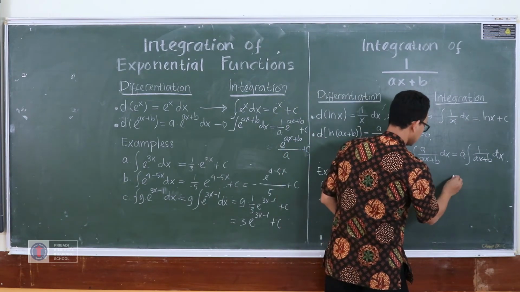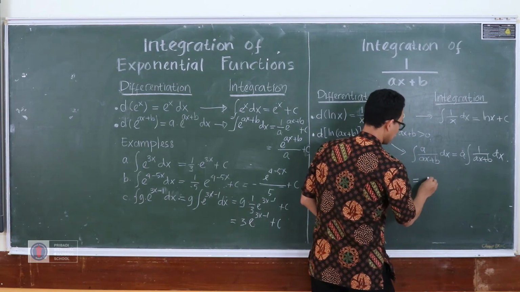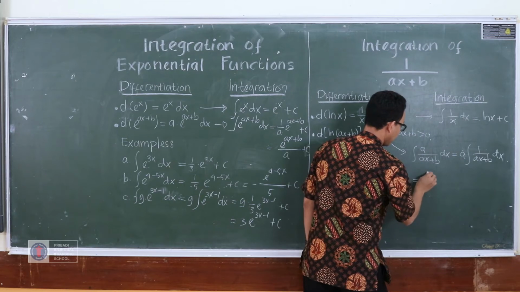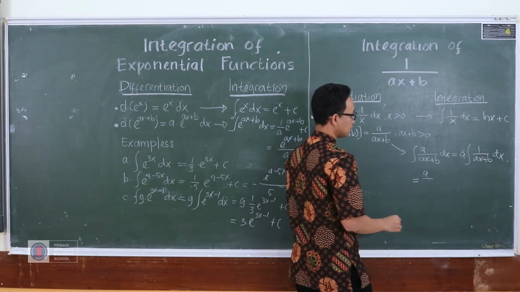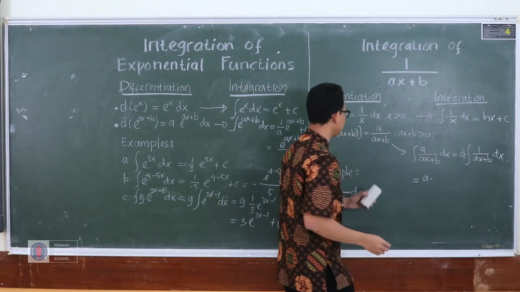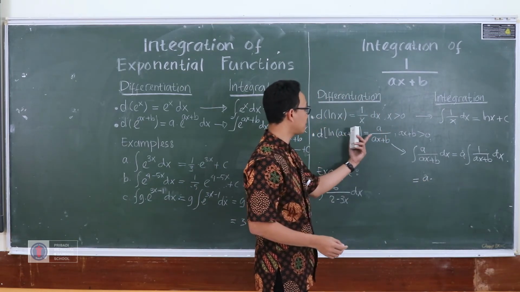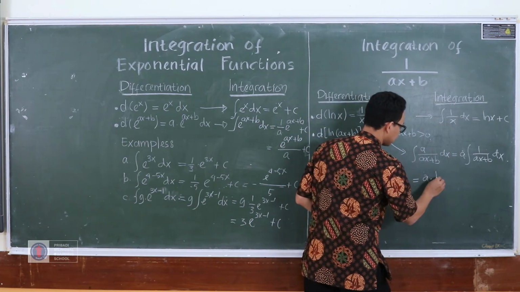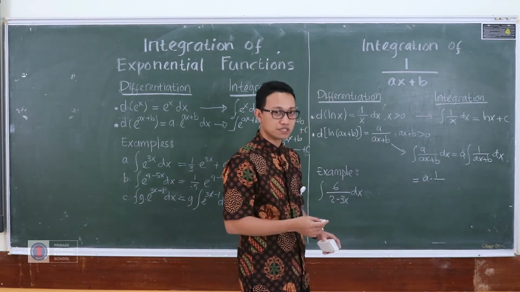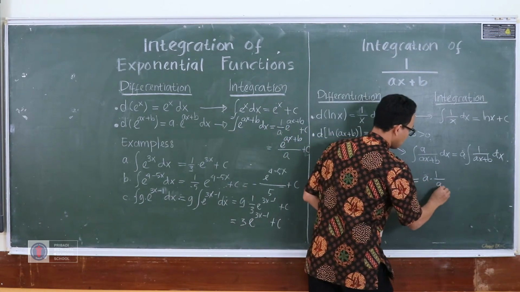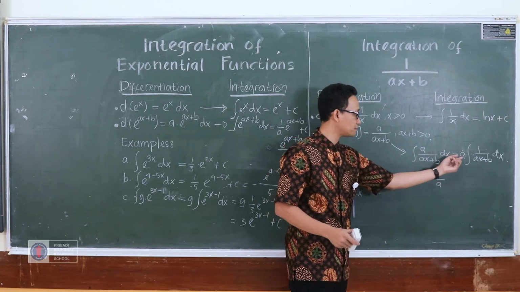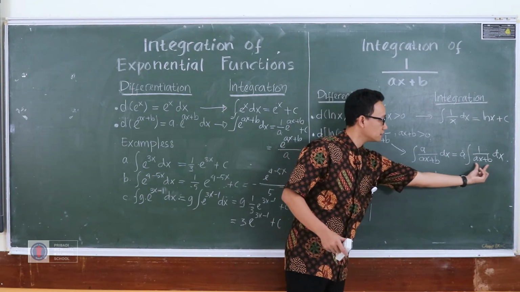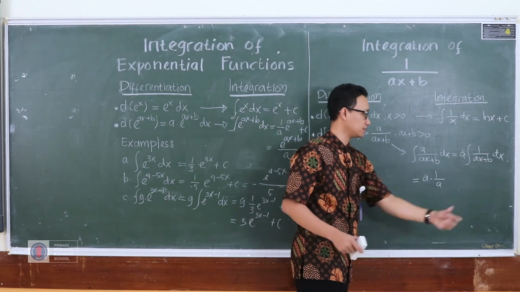So this one should be a multiplied by, since you multiply by the derivative here, you need to divide. The derivative of ax plus b is a, so 1 over a. Remember, a is the coefficient, the constant, and it is also the derivative of ax plus b.